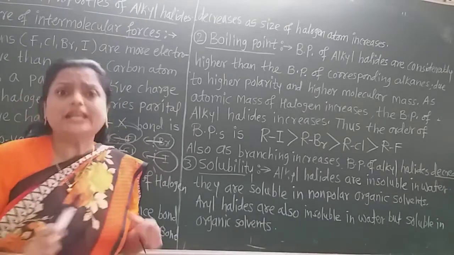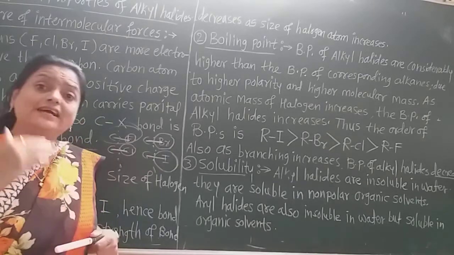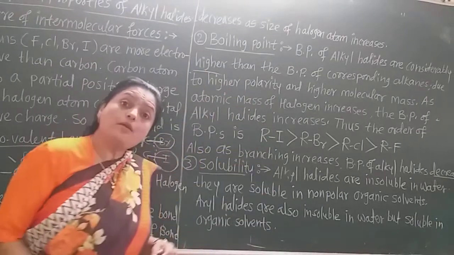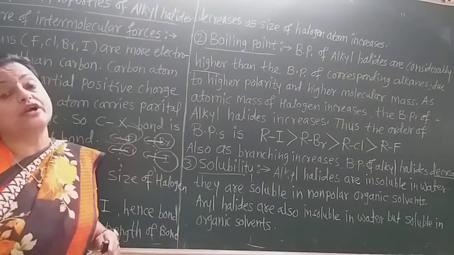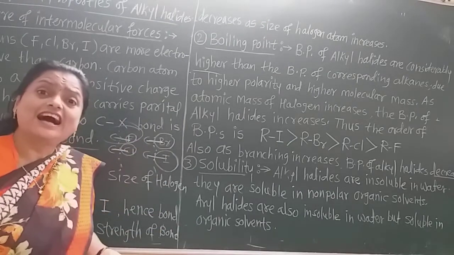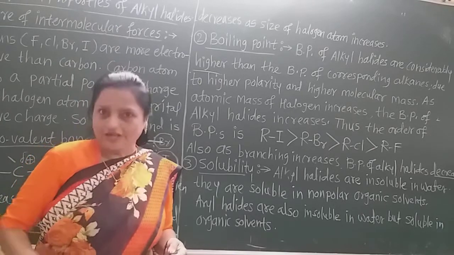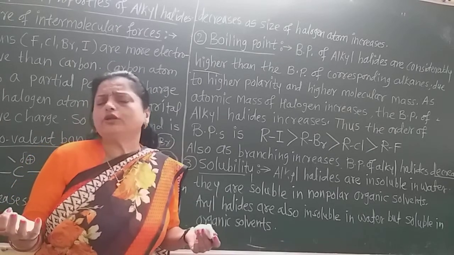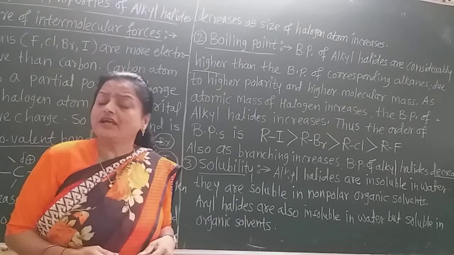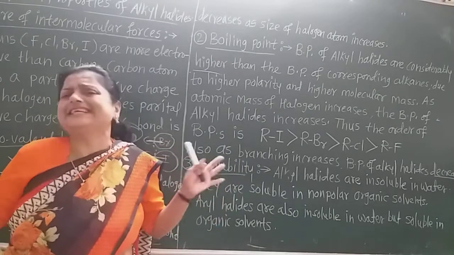Now the boiling points of alkyl halides are considerably higher than the boiling points of the corresponding alkanes. What is the reason? The reason is that alkyl halides are polar but alkanes are non-polar. In a non-polar molecule there are no attractive forces because there is no dipole-dipole interaction, and due to that, to separate non-polar molecules very little energy is required.